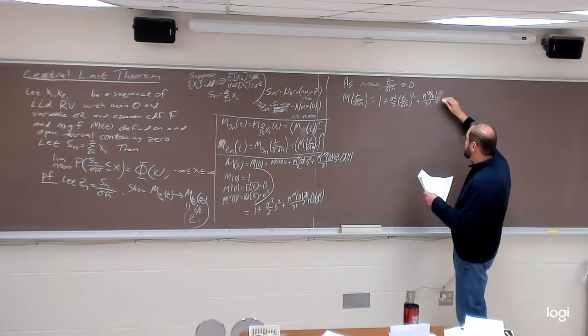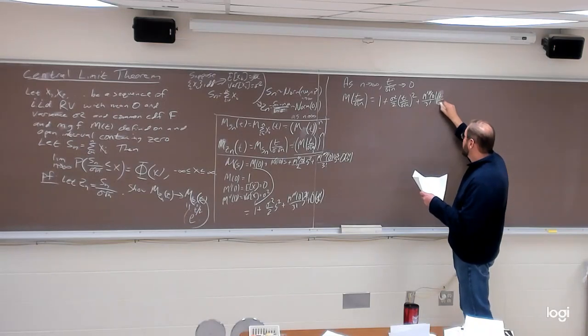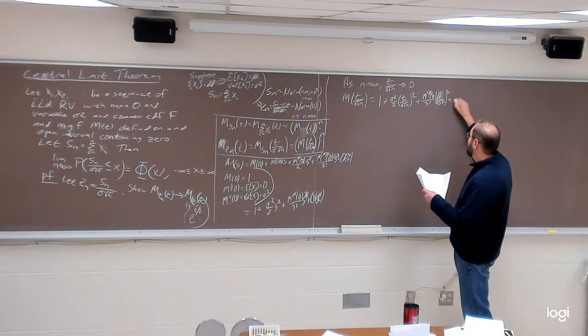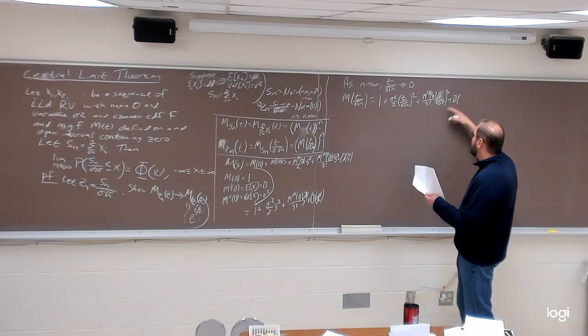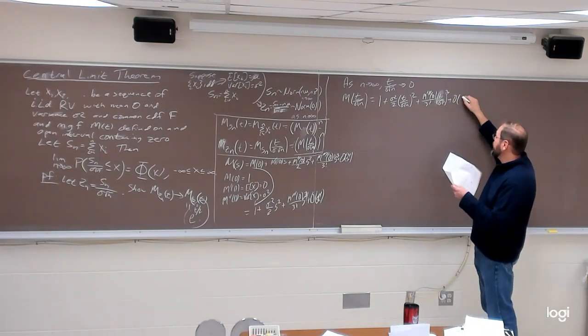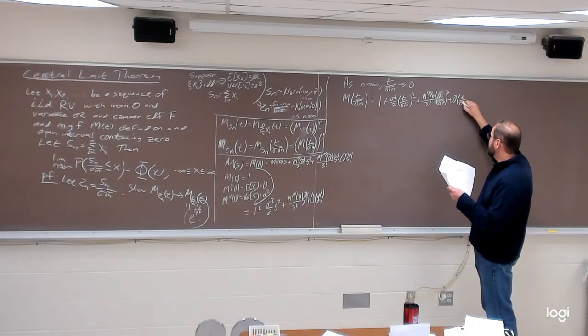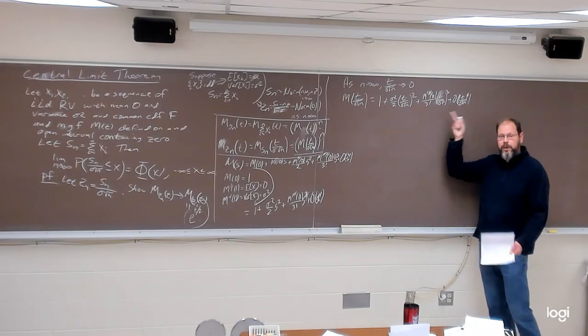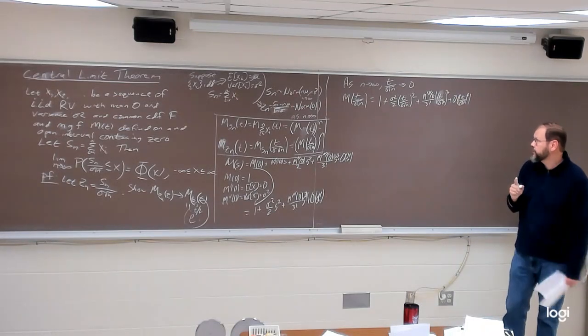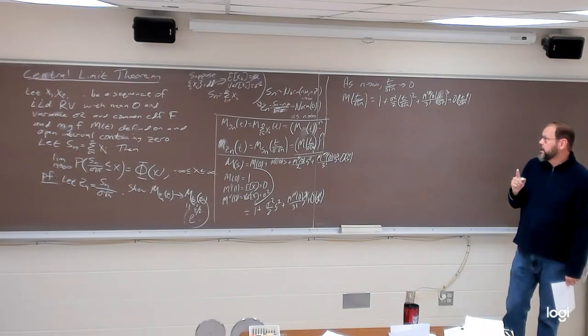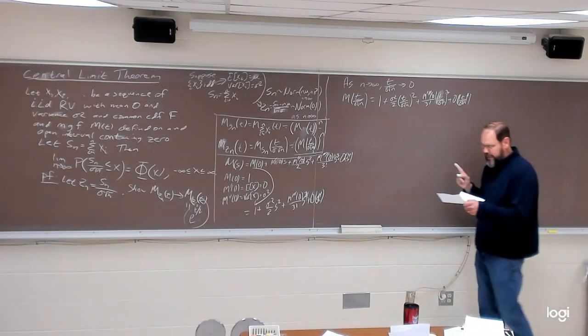But what's my s? It's t over sigma square root of n, cubed, plus these other things that are going to depend on t over sigma square root of n to the 4th power and above: 4th, 5th, 6th, 7th, 8th. All right, so that's what we have there.